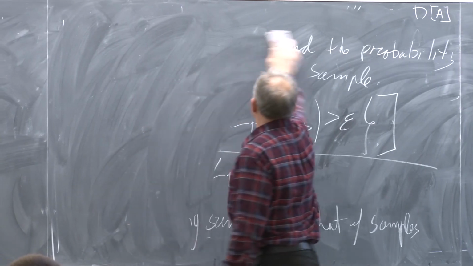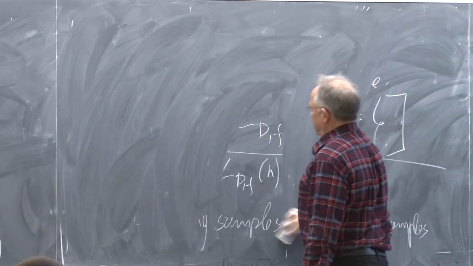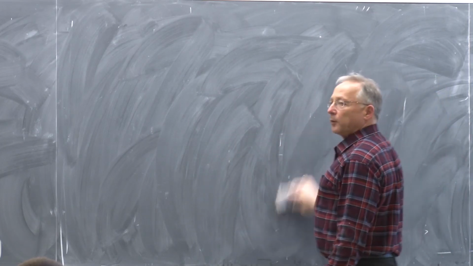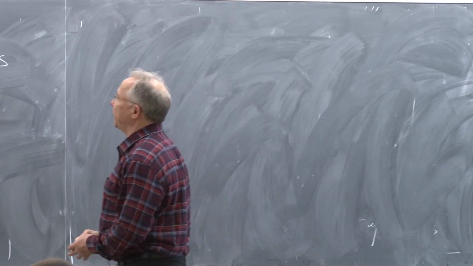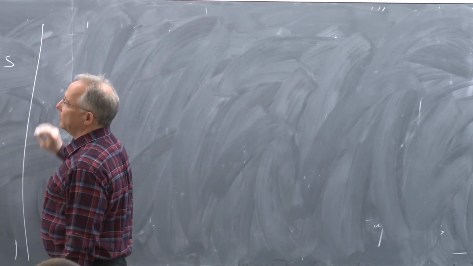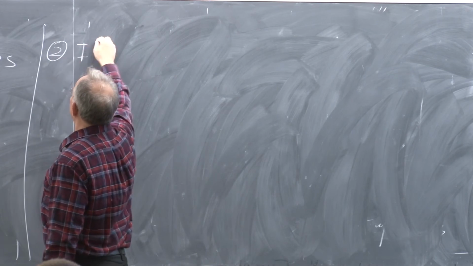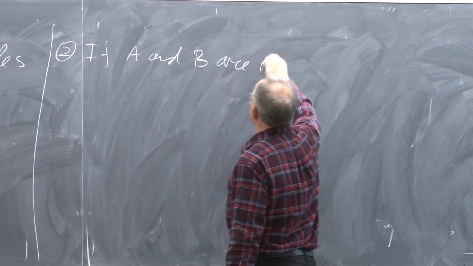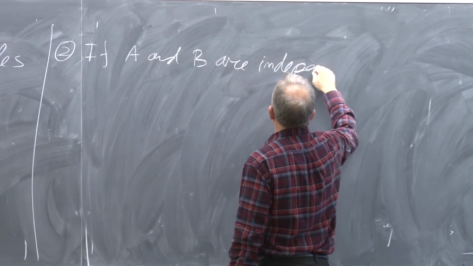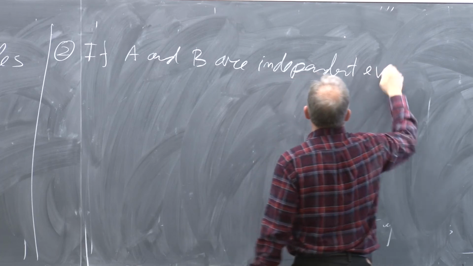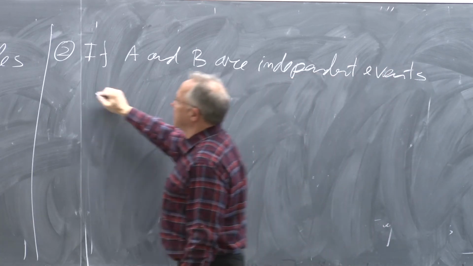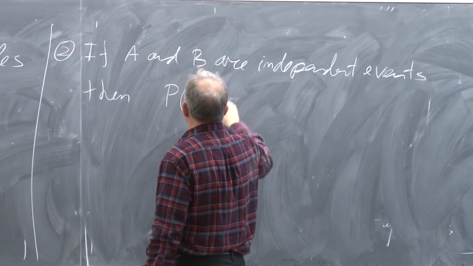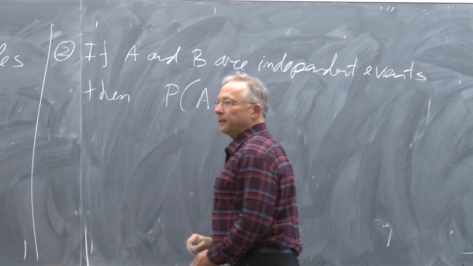The second is the rule of independence. If I have two independent events, what do I know about the probability of both of them happening? If A and B are independent events, then the probability of seeing A and B equals what?